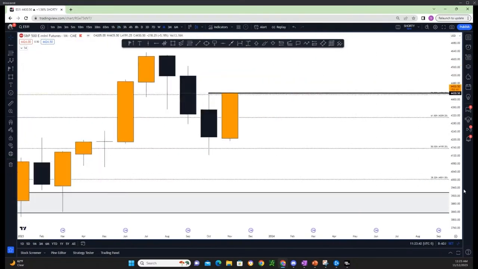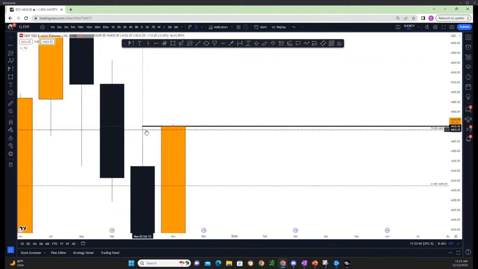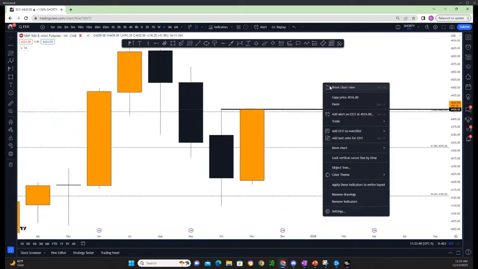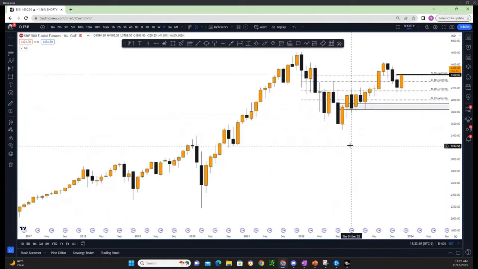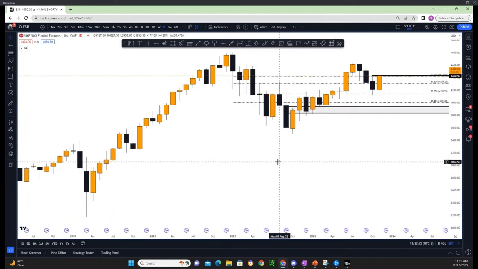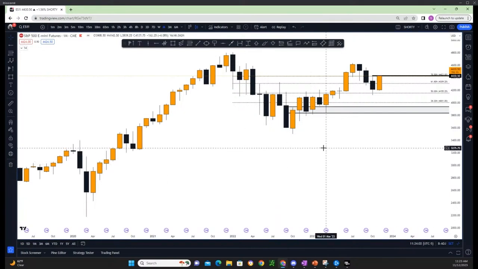You guys see this level now here? 44.30 and a half is what on the monthly? Why would I care about that level? October high. Yeah, that's our previous month high.